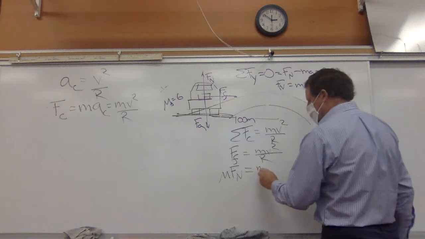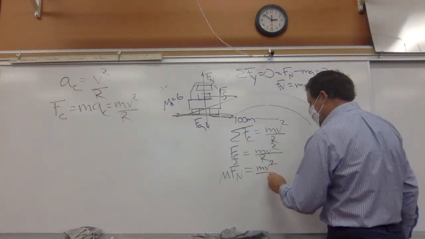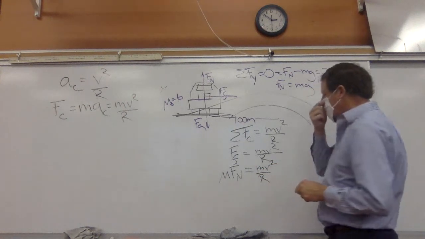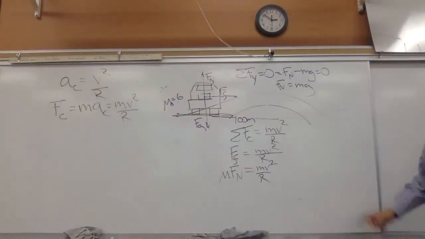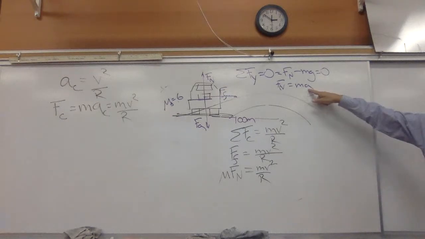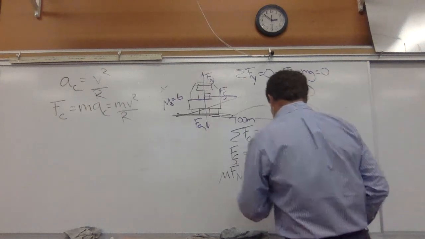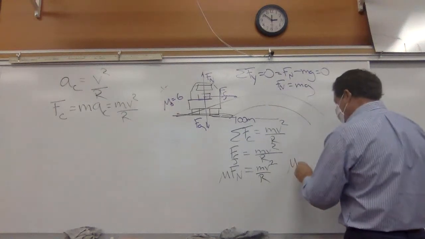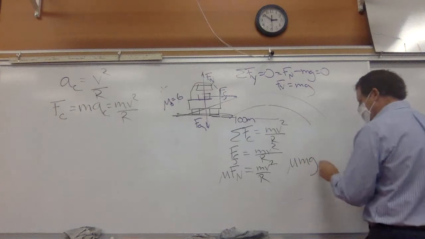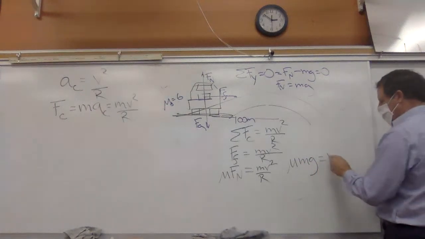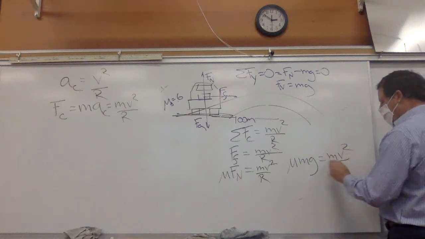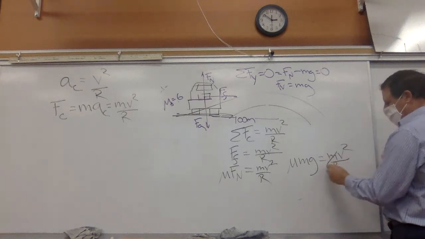So mu times the normal force is equal to mv squared over r. And we know our normal force is mg, so we can say mu mg is equal to mv squared over r.